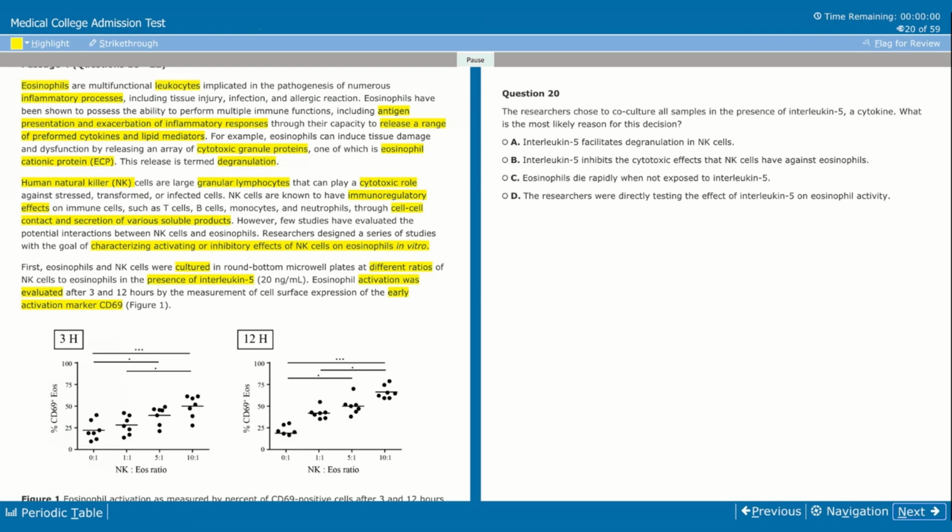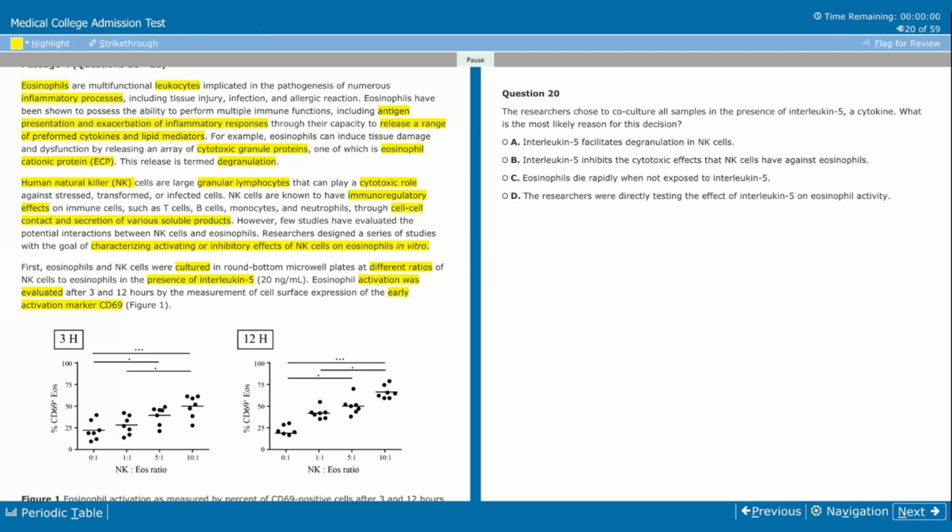Why did they do that? I don't know. Let's keep reading. I can't summarize anything from here. That's just, here's what they did. Why did they do it?